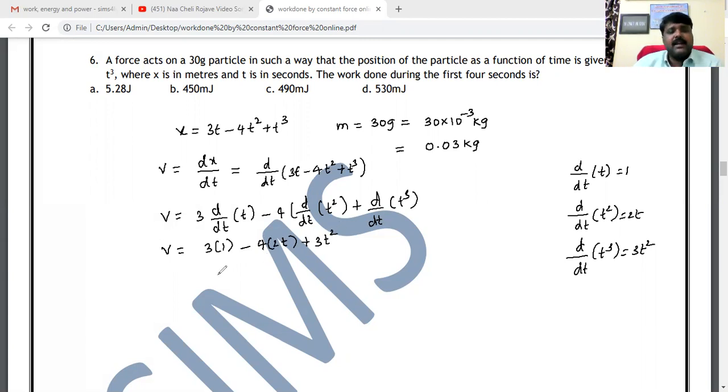Now he asks us to calculate the work done in the first 4 seconds. Okay, v equals 3 minus 8t plus 3t square.